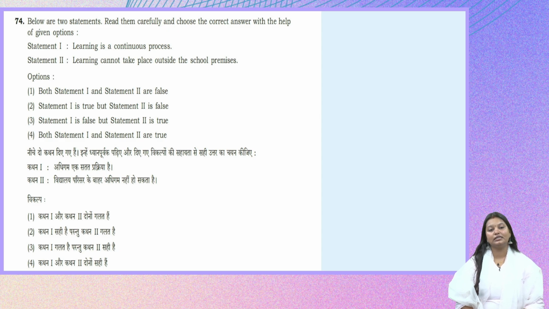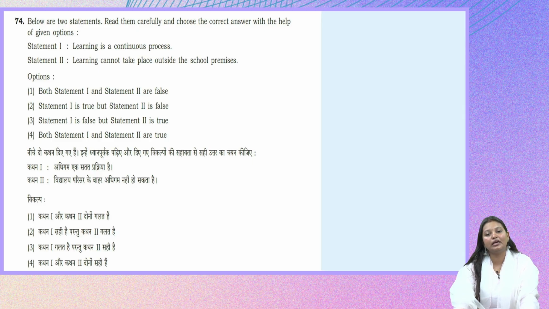So, the second statement, learning cannot take place outside the school premises. Now, we have to tell which of these statements is true and which is false, whether both are true or both are false. When you read the second statement, you can understand that the whole idea of constructivism, the whole idea of what our NCERT textbooks are based on, is questioned here.